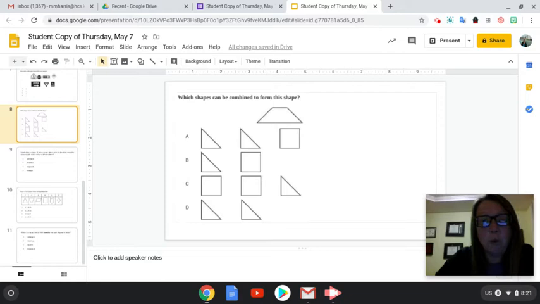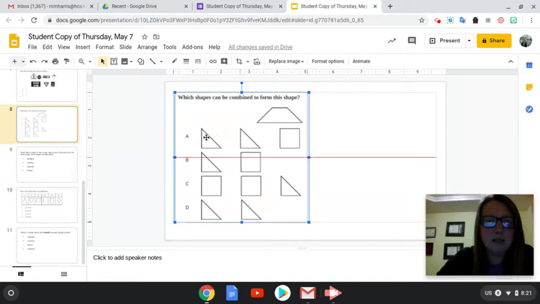So what we're really looking at is if I were to combine these two.